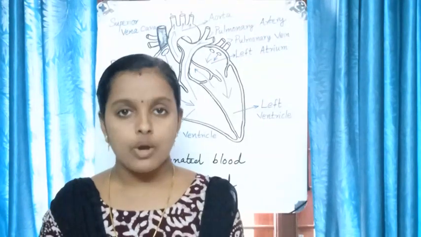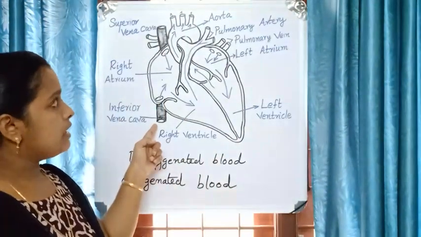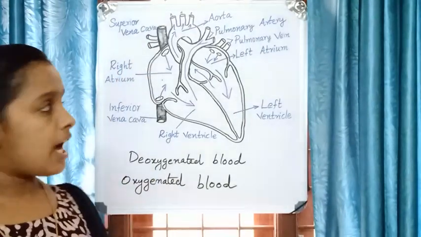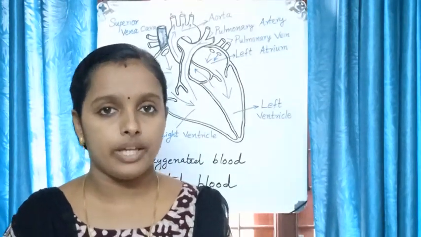Okay, this is the structure of our heart. Once again, I will explain from the beginning. Listen, those who are not getting the idea, listen properly once again, then you will get it. First, the inferior and superior vena cava are the two blood vessels that take blood from different parts of our body.